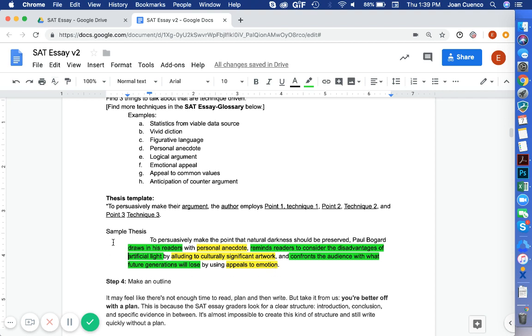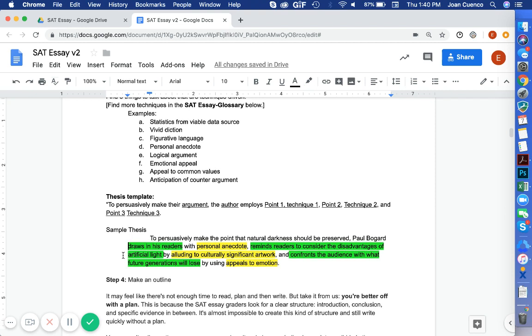So this is the reason why we format the thesis this way, is you're explaining what the rhetorical techniques do in addition to listing the rhetorical techniques. Now, like I said, once you understand these techniques and have laid out your body paragraphs, it will be much easier to write your thesis because you'll be able to figure out what goes in the green parts once you understand what the techniques are doing.